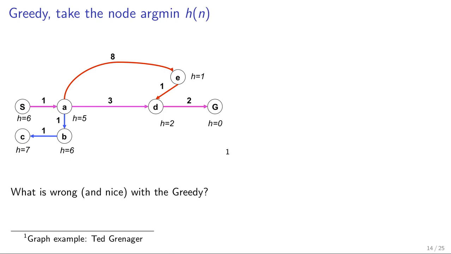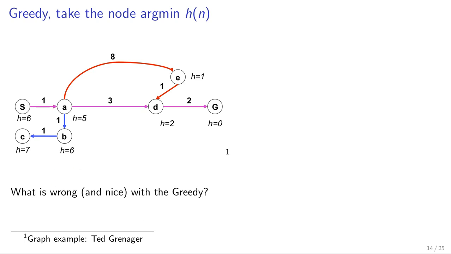So the greedy has this disadvantage that it's only counting the heuristic, and that's a bit naive. Because at least once you're expecting something but it turns out different, you should somehow take it into account.